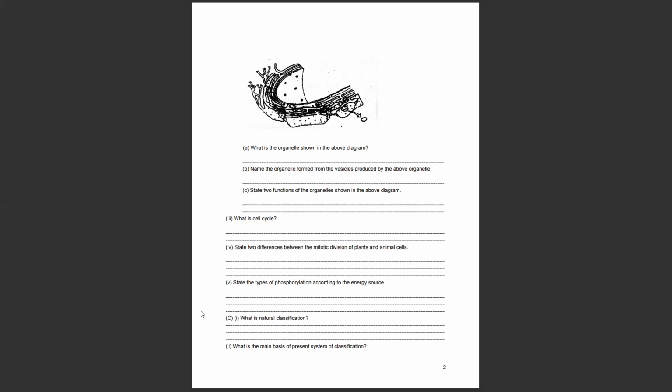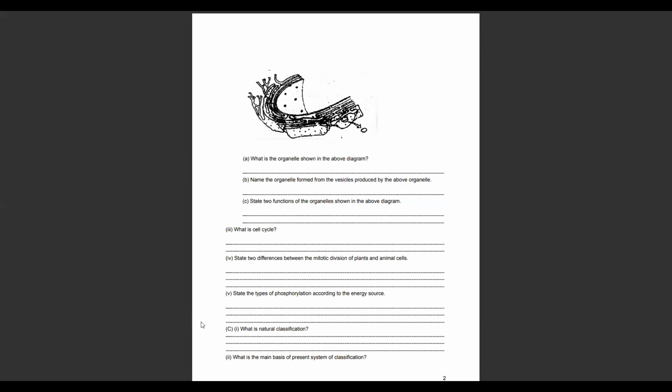Therefore, they can transport protein synthesized by ribosomes. The second one is synthesizing glycoproteins. And third one, they can produce transport vesicles.